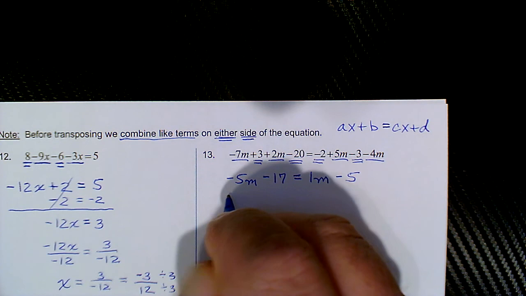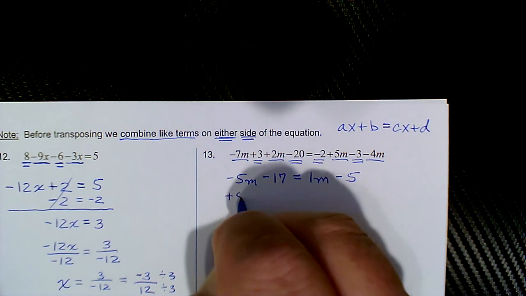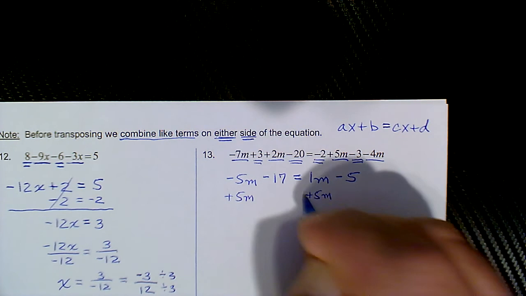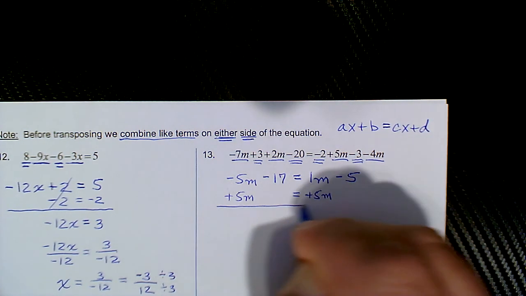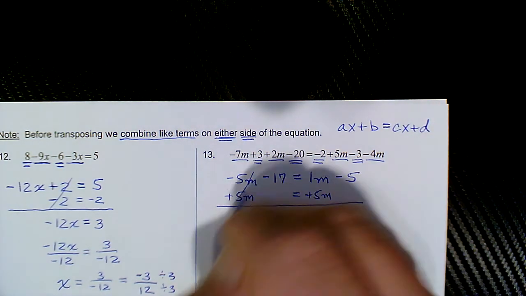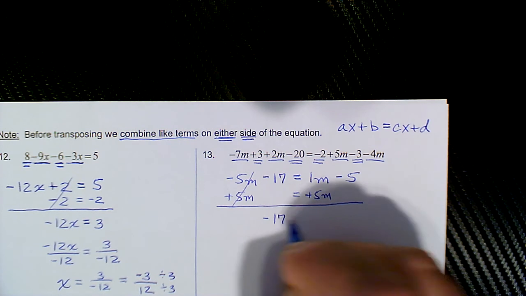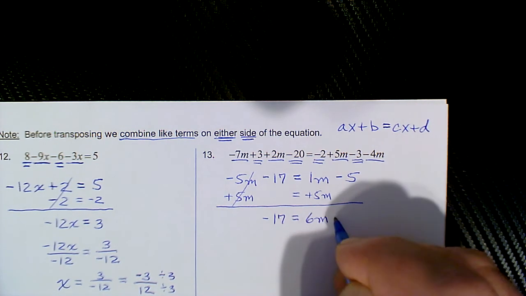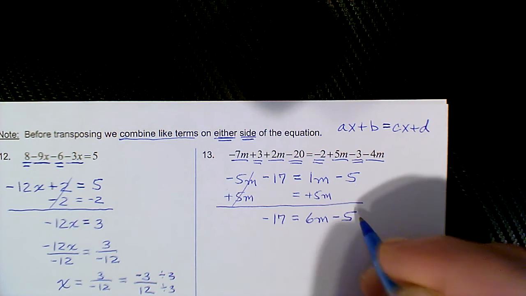So I'm going to transpose the -5m by adding 5m, and 5m underneath the 1m, line up the equals, the addition bar, bring down the -17, equals 1m plus 5m, 6m, bring down the -5.